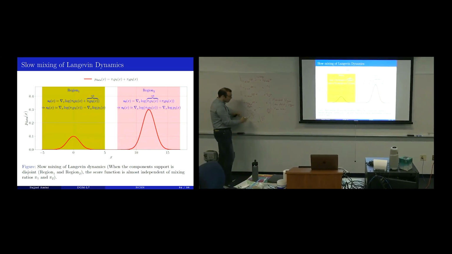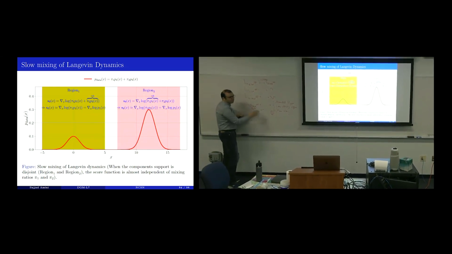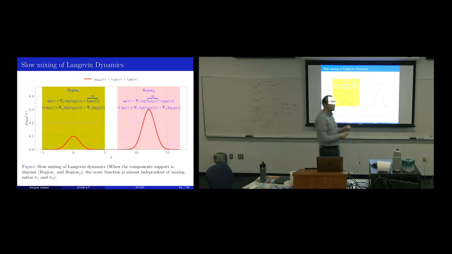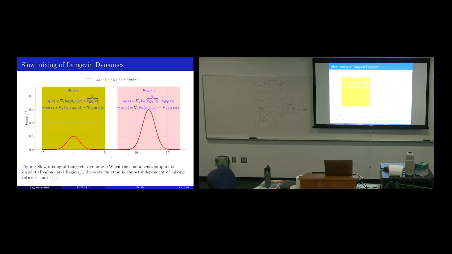But why? Because the algorithm lost the mixing ratio. Which component is more powerful than the other one? So P1 and P2 demonstrate how strong each mode is.